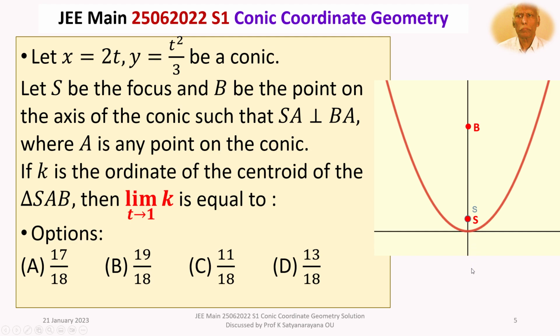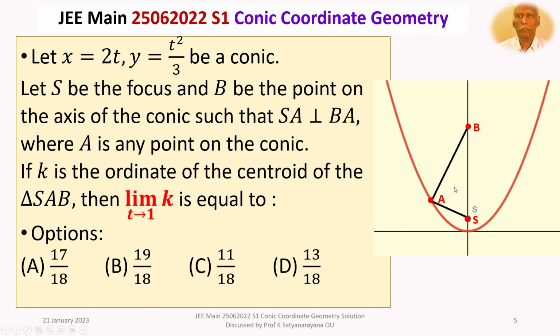The axis for this conic is the y-axis such that SA is perpendicular to BA, where A is any point on the conic, and thus we have obtained a triangle SAB.